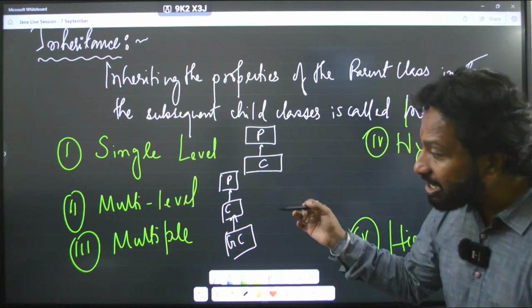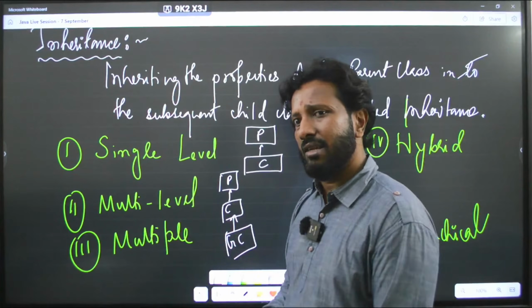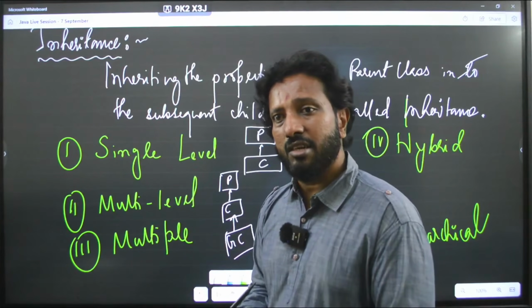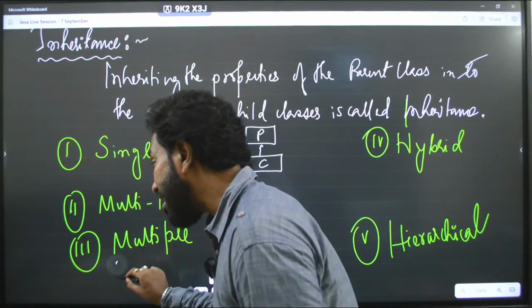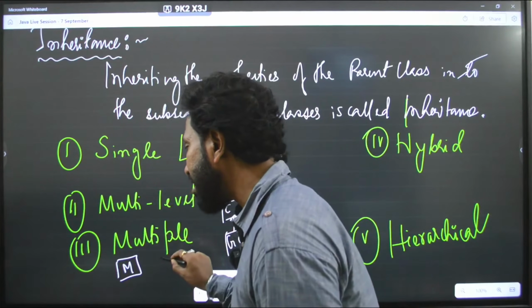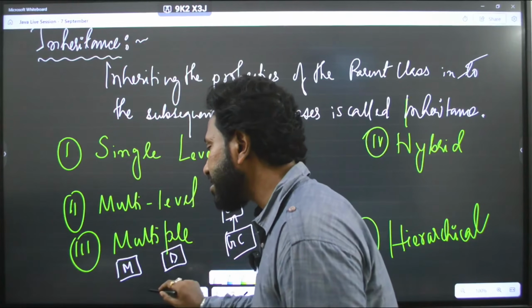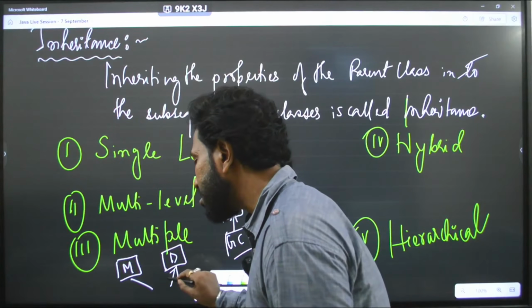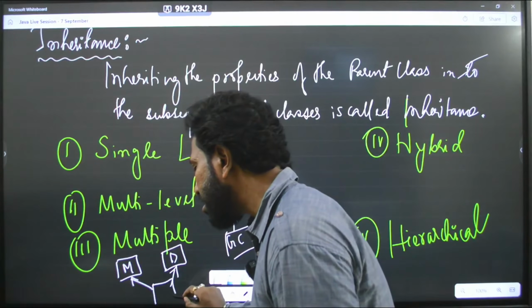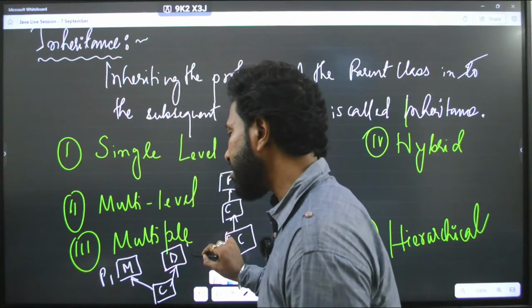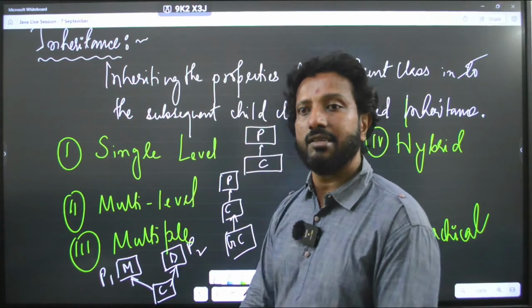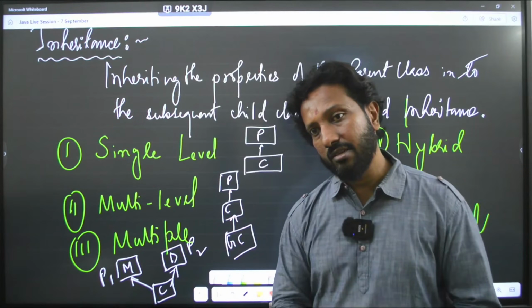Clear? Please remember this. Multiple, we humans, we exhibit multiple inheritance. Why? I have my mom, I have my dad, and then I have the child, or I can say parent 1, parent 2 and the child. This is multiple inheritance.